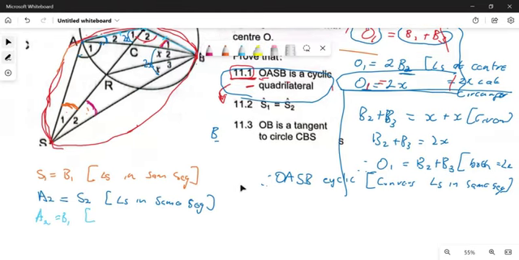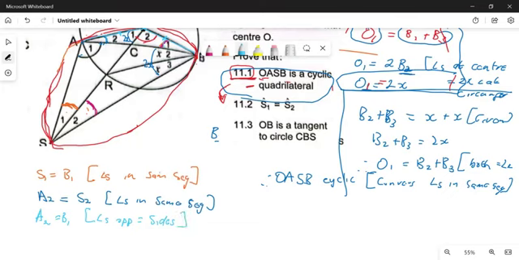I'm not sure about the reason. Okay, the reason that we use for that one says angles opposite equal sides.